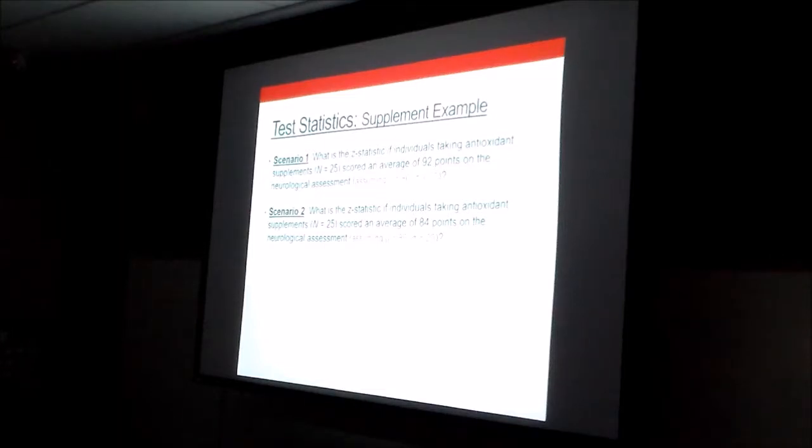Or I might say, based on these data, we find a reasonable lower bound estimate for cognitive score on this test in a population of older adults taking supplements of about 84.2, with an upper limit of 99.8.